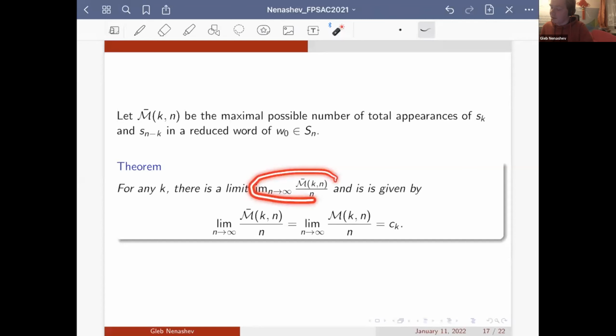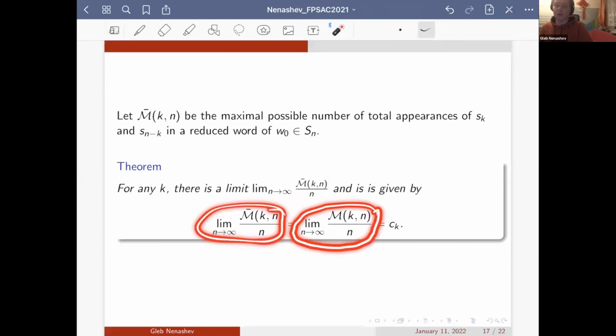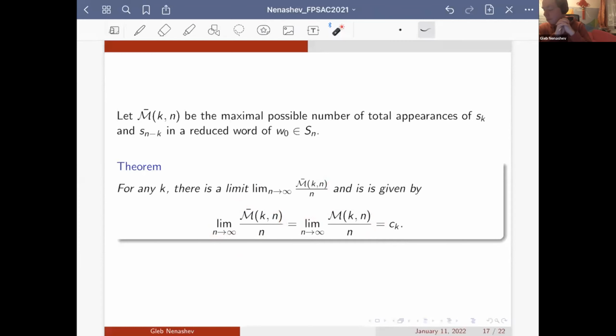If we consider this limit, it's still well defined and it's the same limit. So if you're interested only in asymptotics, you don't have any difference studying m bar or m. They have the same asymptotics.